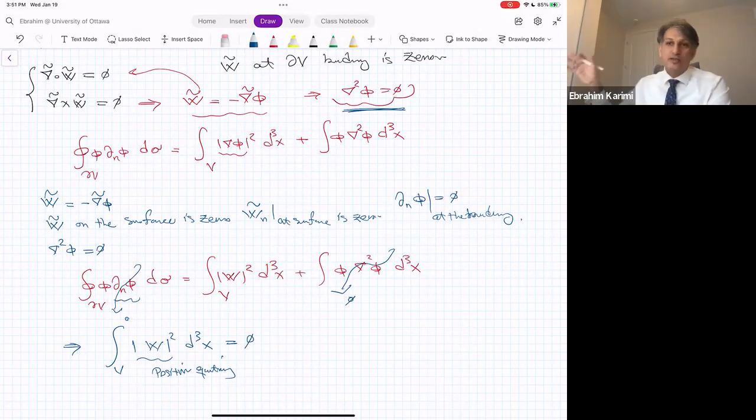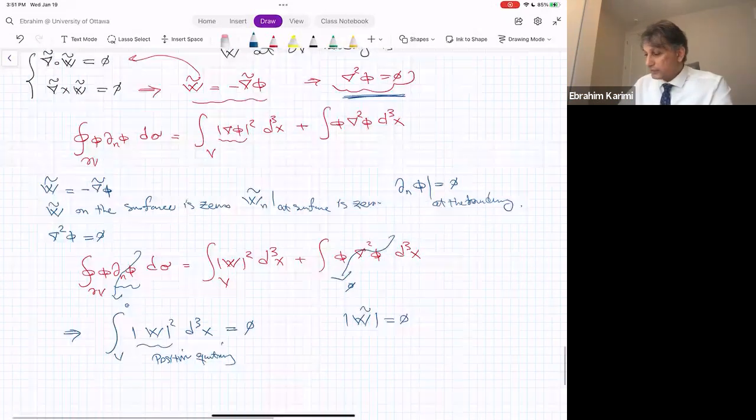and we know that W on the surface is also 0, then what we get is that the absolute value of W is equal to 0. Right? What was W?